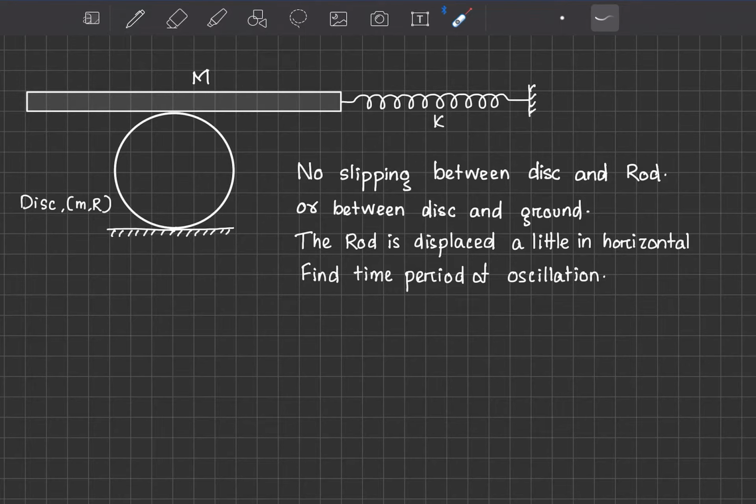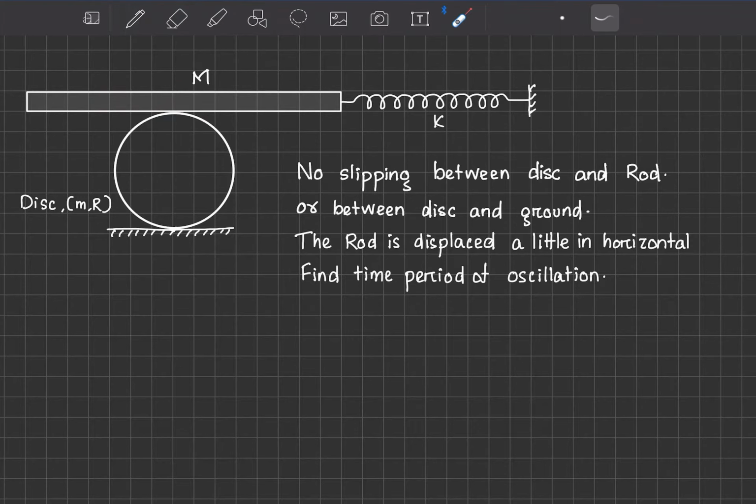So pay attention here. If we displace the rod by a large value, then the spring will be compressed by a large value and the spring will push the rod by a force kx which will be large. In that case, if the applied force is more than the maximum possible friction between these two, the friction will go into the kinetic nature, meaning the rod will try to move with a different velocity and the disc will try to move with a different velocity.